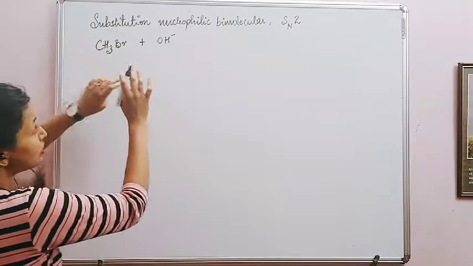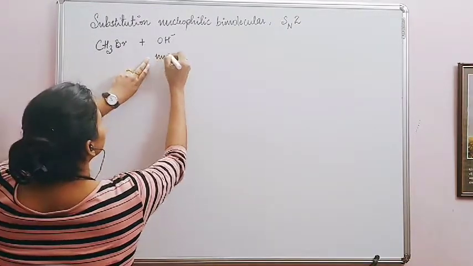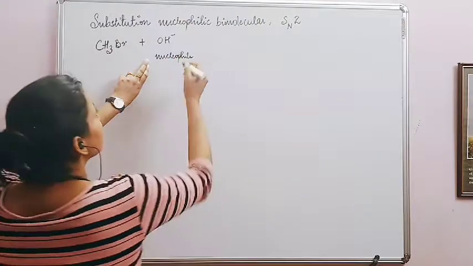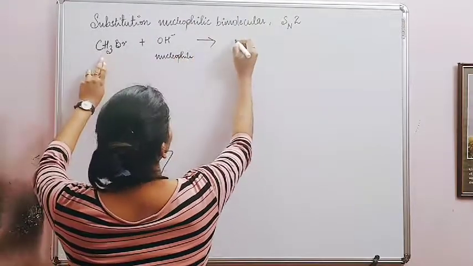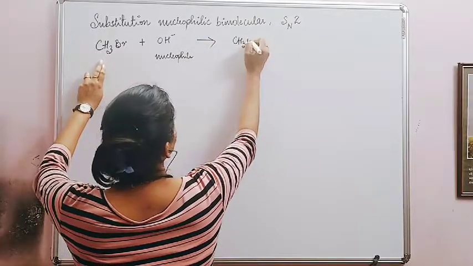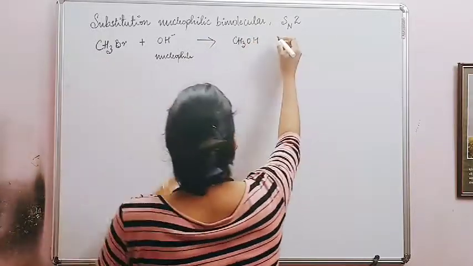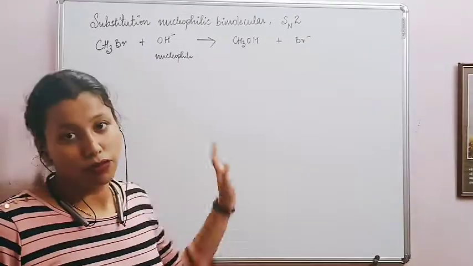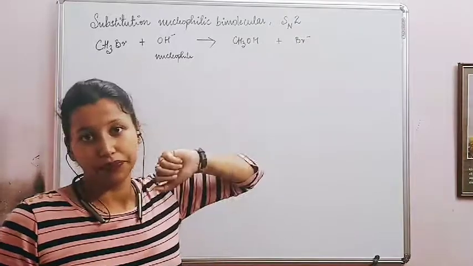So I'm simply writing OH minus here, which is the nucleophile. So the expected product is CH3OH, that is the alcohol, plus Br minus. This will be the leaving group, that means it goes away.